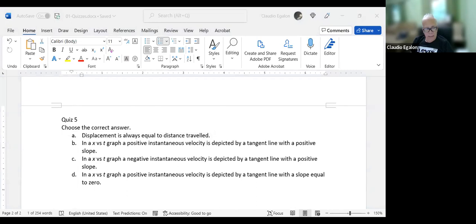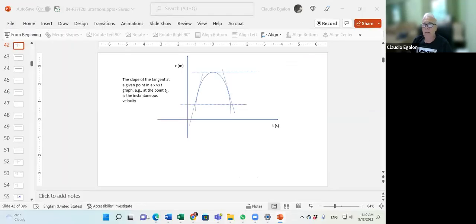I covered that in the x versus t graph. You can have all sorts of x versus t graphs for instantaneous velocity. Let me share the screen. Here is one possible x versus t graph.